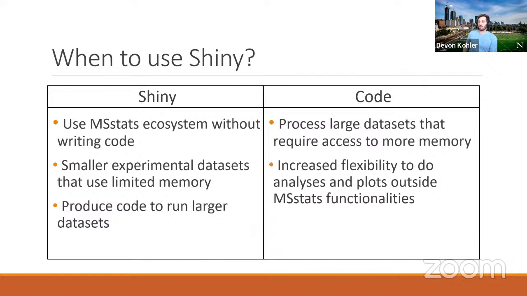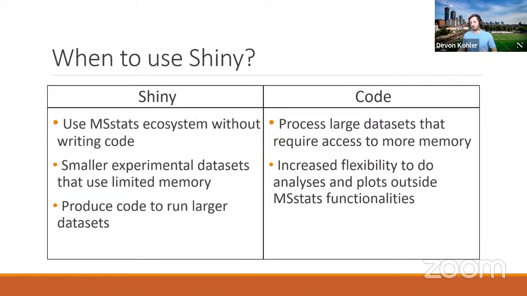With that being said, one thing that's included in the Shiny functionality is the ability to produce code for your workflow. So if you wanted to generate the code that you could use for a larger experiment, you could take a subset of your data set, run it through the Shiny pipeline with all of the parameters that you would like to use. We have a lot of information on what parameters to choose.